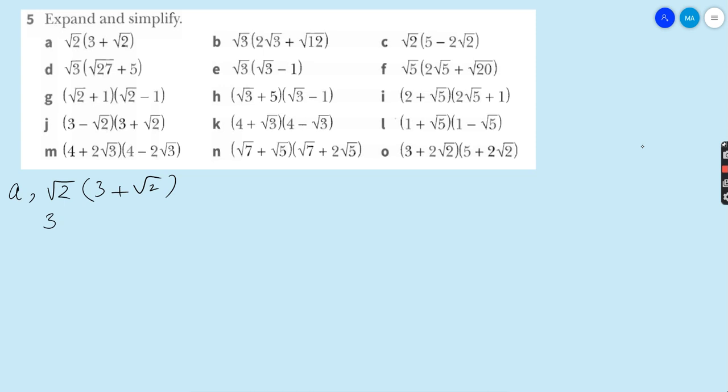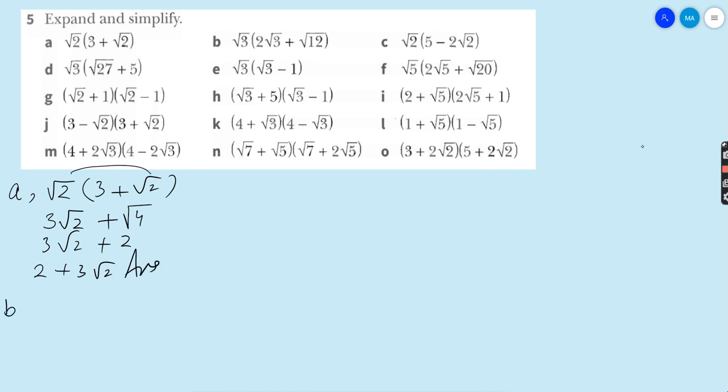Just write 3 root 2 plus root 2 into root 2. You have already seen in last lecture, when two roots are multiplied, then their values are also multiplied. So root 2 into root 2 is root 4. 3 root 2 plus root 4, which is 2, and the answer is 2 plus 3 root 2.